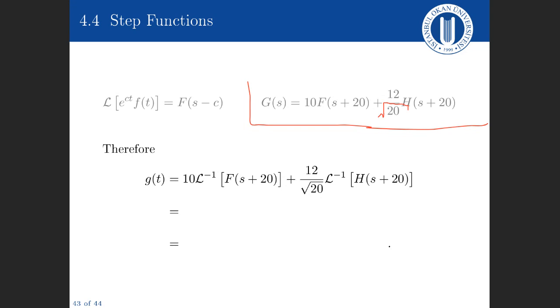Capital G was 10 capital F plus 12 over root 20 capital H. So small g is 10 times the inverse Laplace transform of capital F plus 12 over root 20 times the inverse Laplace transform of capital H. And we're going to be using the second shift formula, because the inverse Laplace transform of capital F at s minus c is just e to the power ct times f of t.